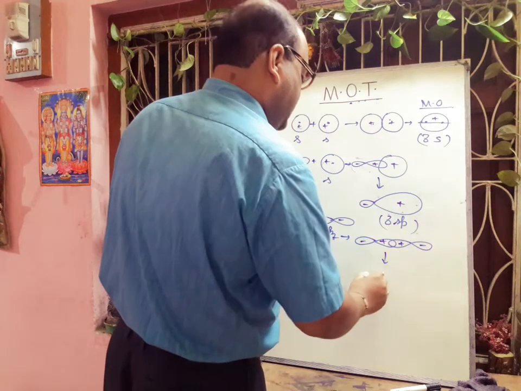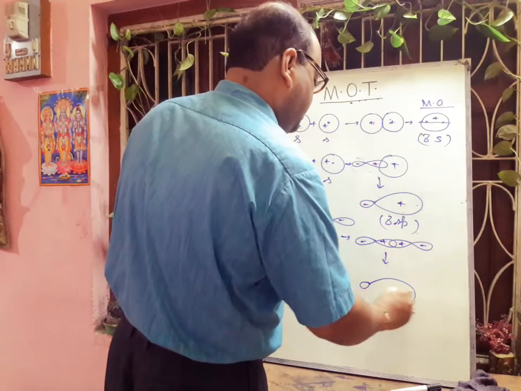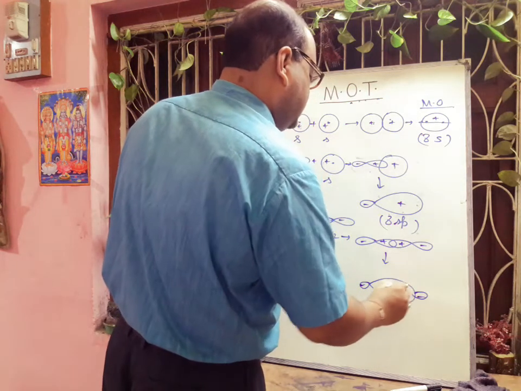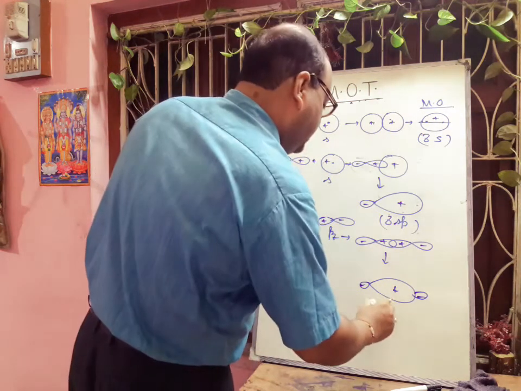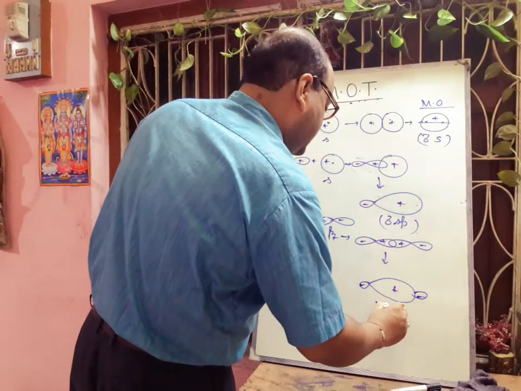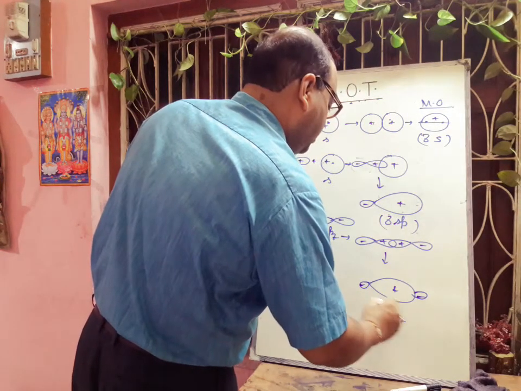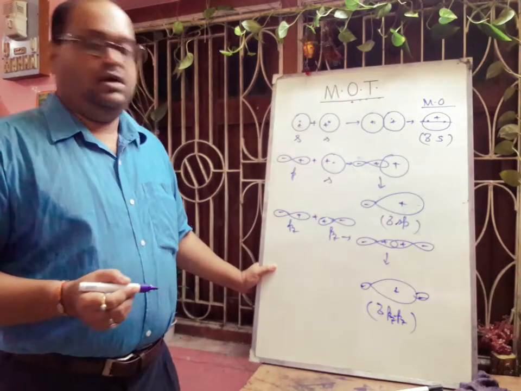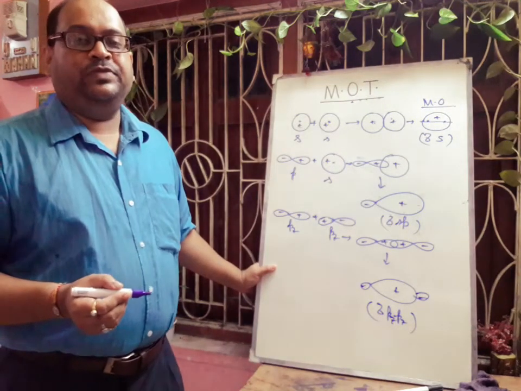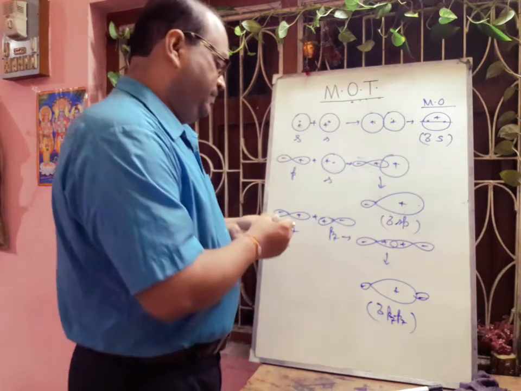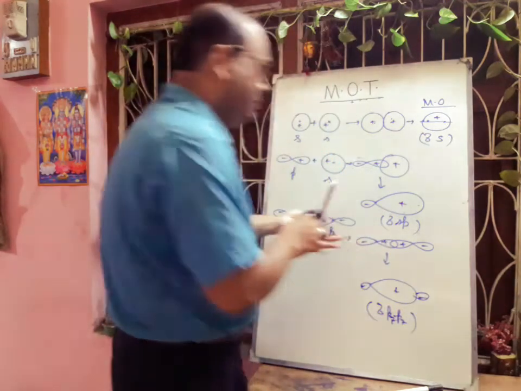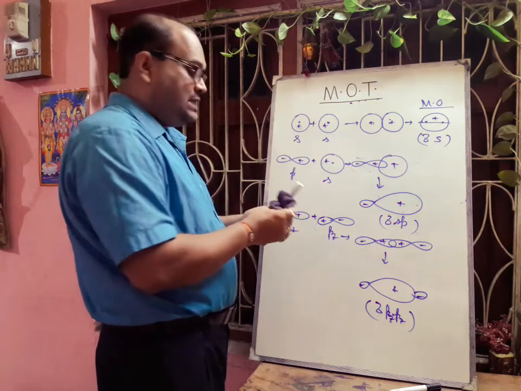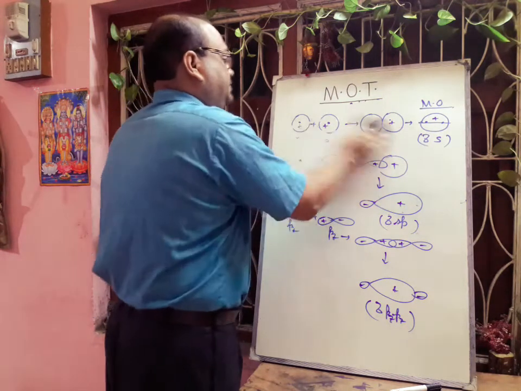Finally, we will get like this, minus, plus, and this is the sigma pz molecular orbital. Next, here whatever we have drawn, the symmetry is the same, plus is combining with plus.